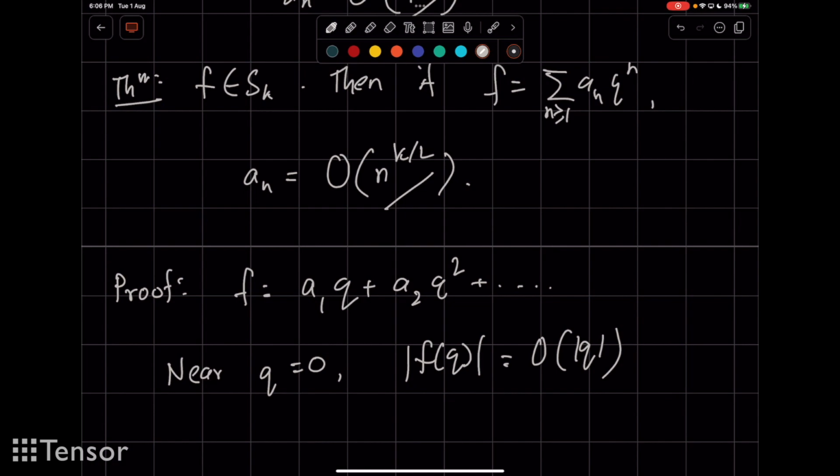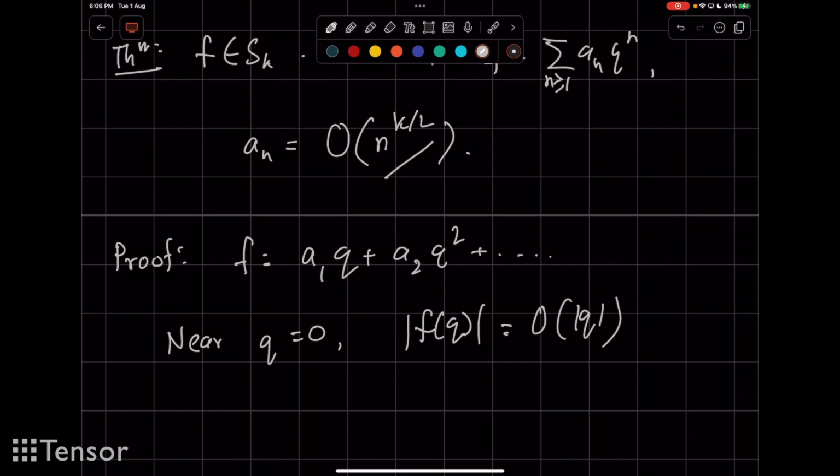So you can say that this is of order q. So that means f of z is of order e to the 2 pi i z, its absolute value.